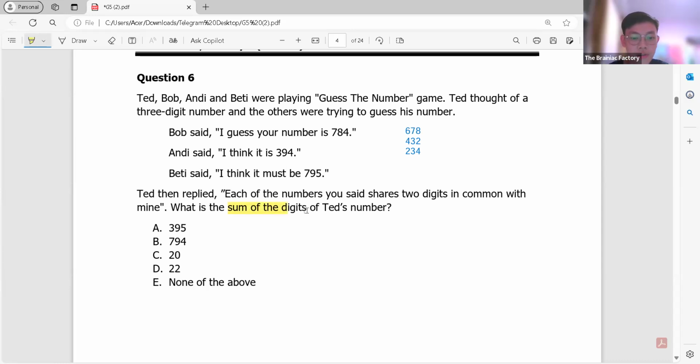The sum of the digits is to sum up all the digits here, like 6 plus 7 plus 8, which is equal to 21. So that's how we do it. You can have 30 seconds.